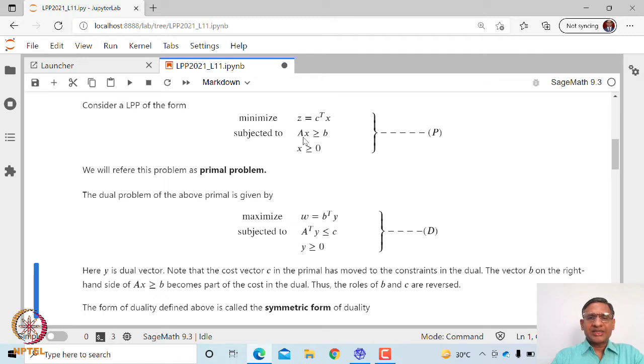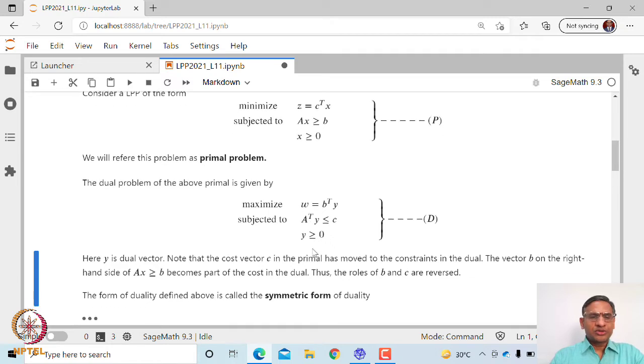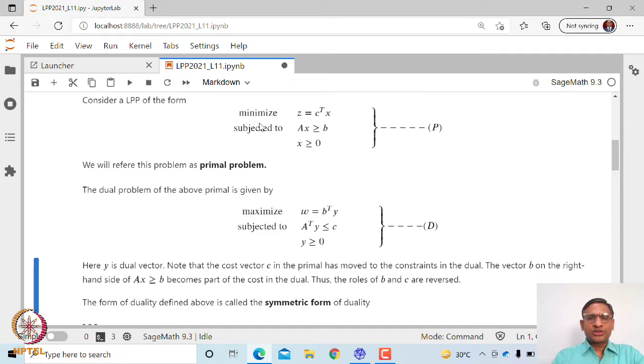That is what has happened, and the matrix A is now A transpose in the dual. This form of duality is known as the symmetric form of duality. So what was the original primal problem? It was a minimization type subject to Ax ≥ b.